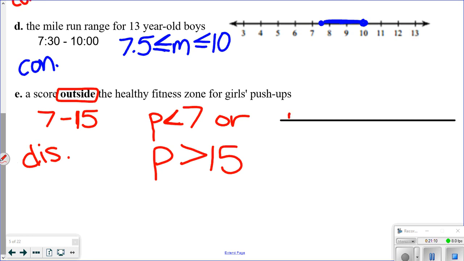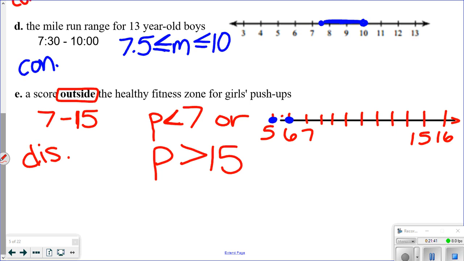So if I was to graph this, seven doesn't work. 7's not included. Does 6 work? Yes, so let's put a filled in circle at 6, a filled in circle at 5.